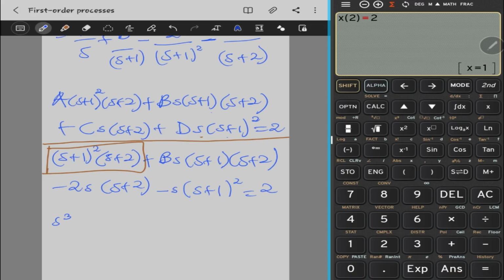So when we expand this, we will get s cubed. So let's do one by one.